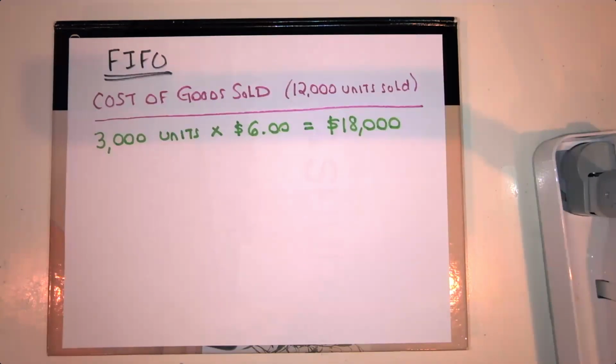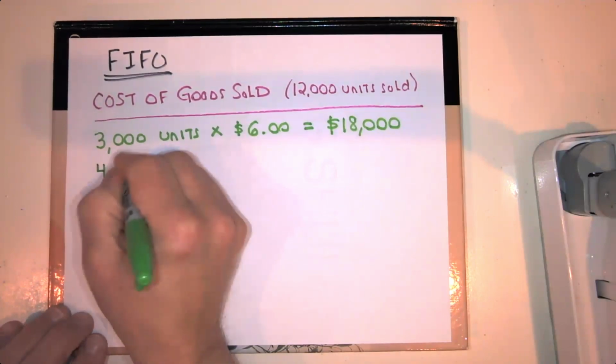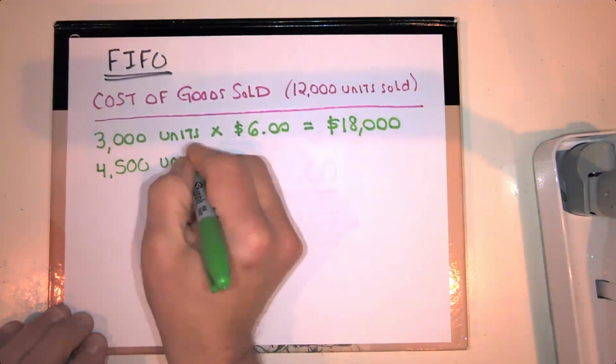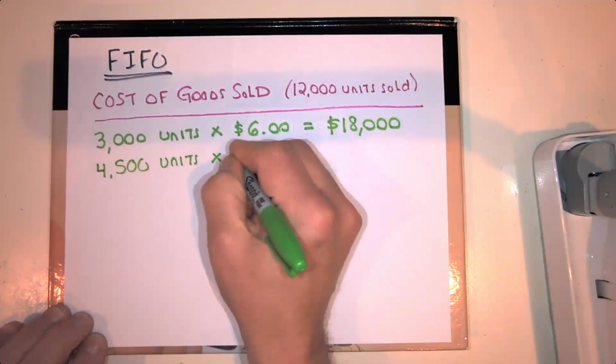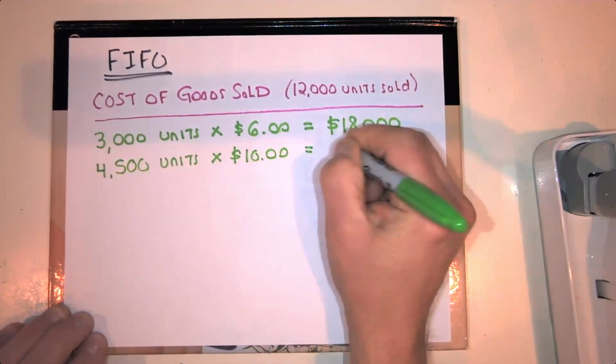Okay, Matthew, what's next? So the next thing we would record is November 7th for 4,500 units at $10 per unit. We go to the next oldest inventory, the purchase on November 7th. 4,500 units purchased that day at a cost of $10 each.